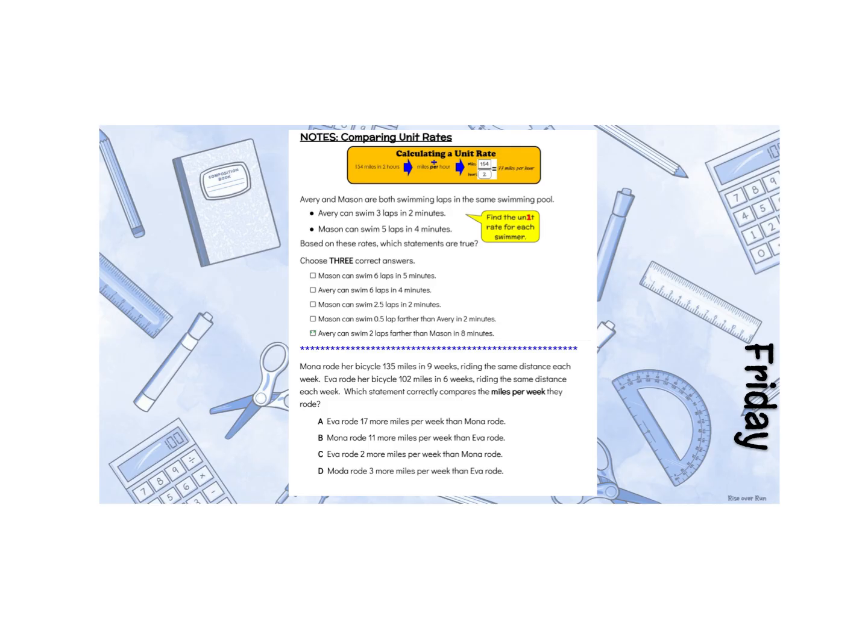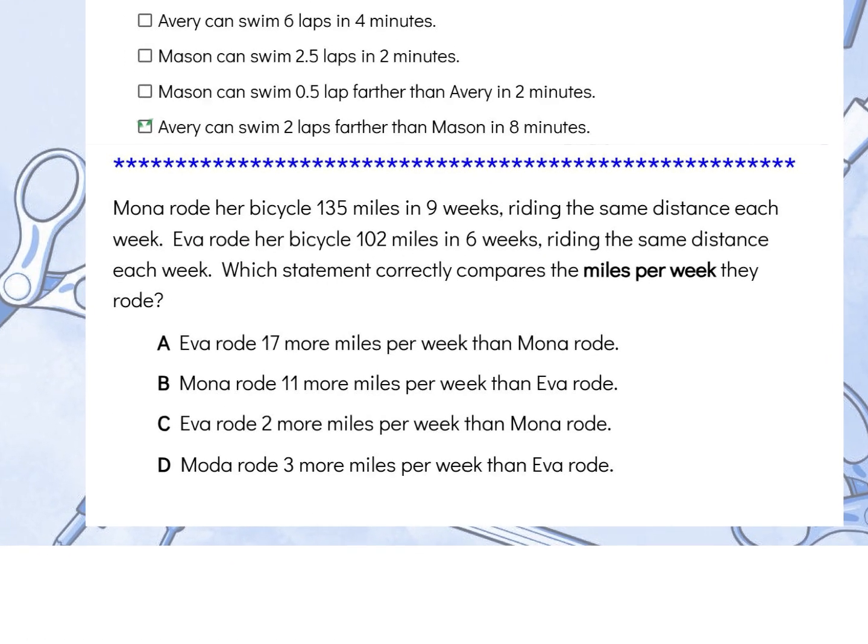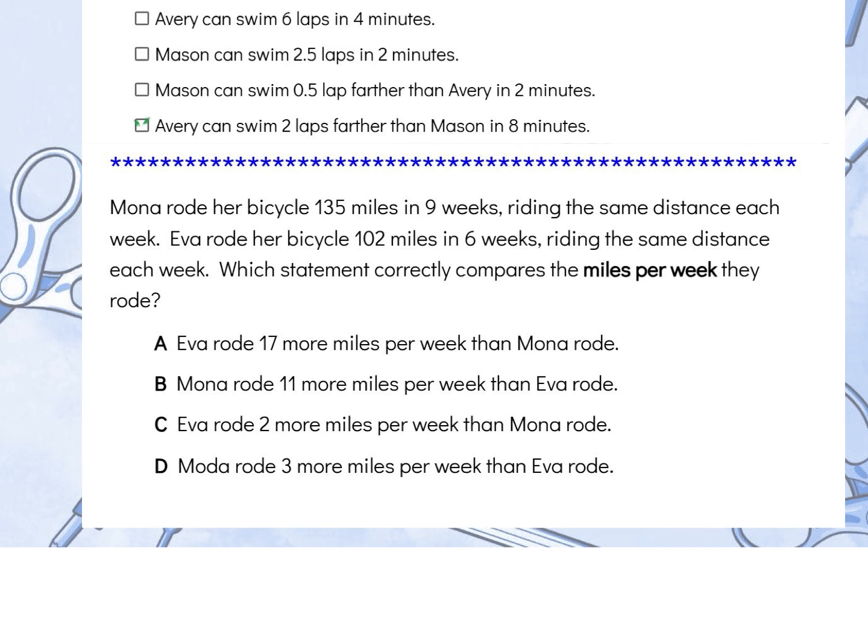All right, let's look at comparing unit rates. So if we want to compare rates, then the best way to do that is to divide both rates to turn them into unit rates and then make our comparisons. Let's look at a problem. Actually, let's do the bottom problem first. Mona rode her bicycle 135 miles in 9 weeks, riding the same distance each week.